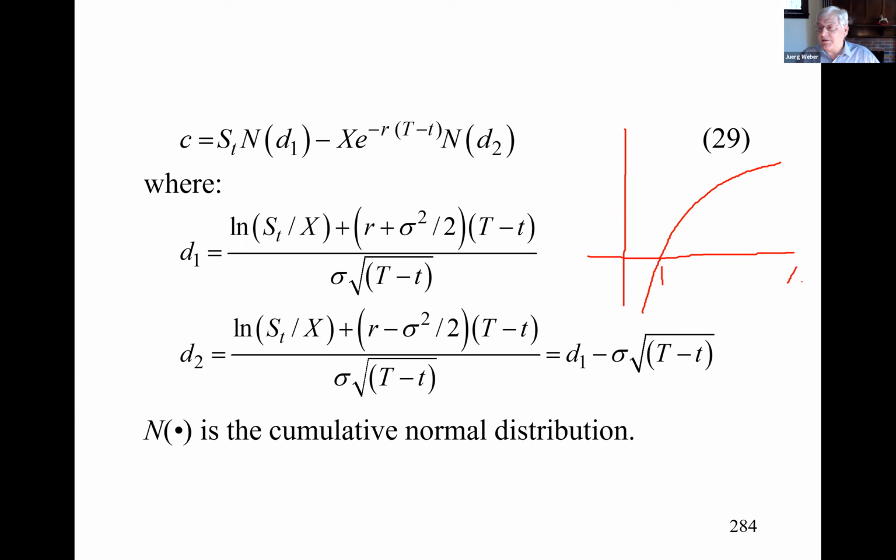So I have here x, and here ln x. If you are below 1, if you are here, then you get a negative value when you take the logarithm. If you are above 1, then you get positive values.